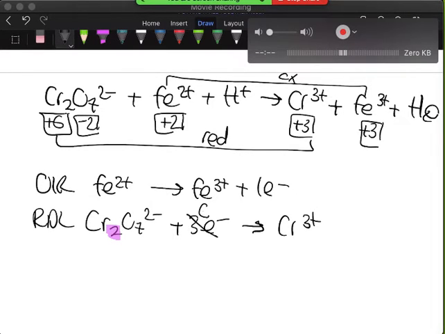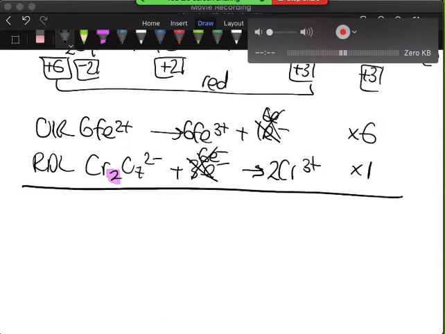So this turns into 6 electrons, and now I have 2 of these. So when I'm comparing my electrons, I have to multiply this top line by 6. This one can stay as it is. So I have 6, I have 6 electrons. My electrons now match, and I put it all together.